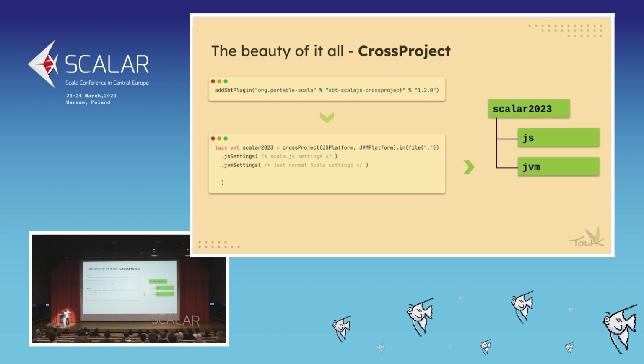The same with the JVM, and the same with the shared, which is just settings. Everything put in the settings is going to be also applied to JVM and JS settings. And, well, you can put dependencies and other settings like you would in a normal Scala project. So, well, we have something like that, so we can work with that a little bit further.